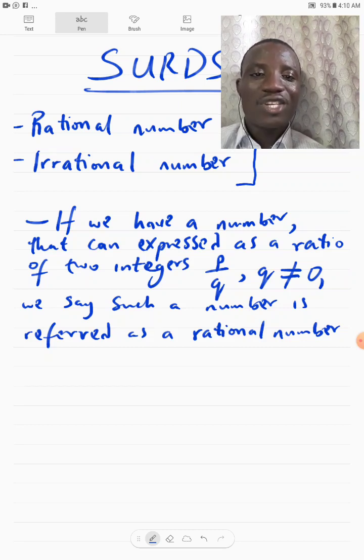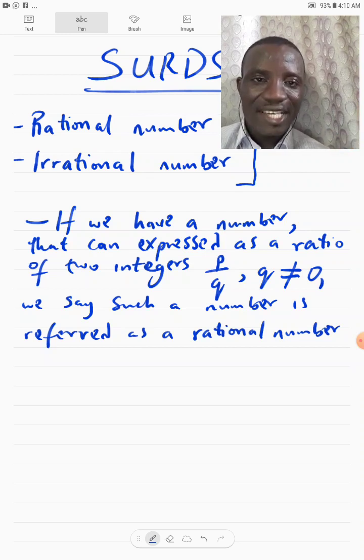So what is a rational number now? A rational number is a number that can be expressed as a ratio of two integers, such that the denominator is not equal to 0.